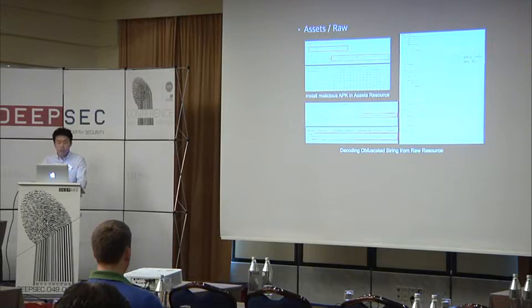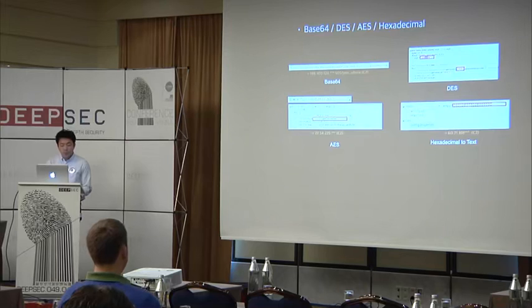After installing the malicious APK, obfuscated character strings of text files were found in the resource assets and raw areas. This is the SF folder, this is the SF file, and this is also raw, and some text files are obfuscated. After decoding, we can get some C2 domains.